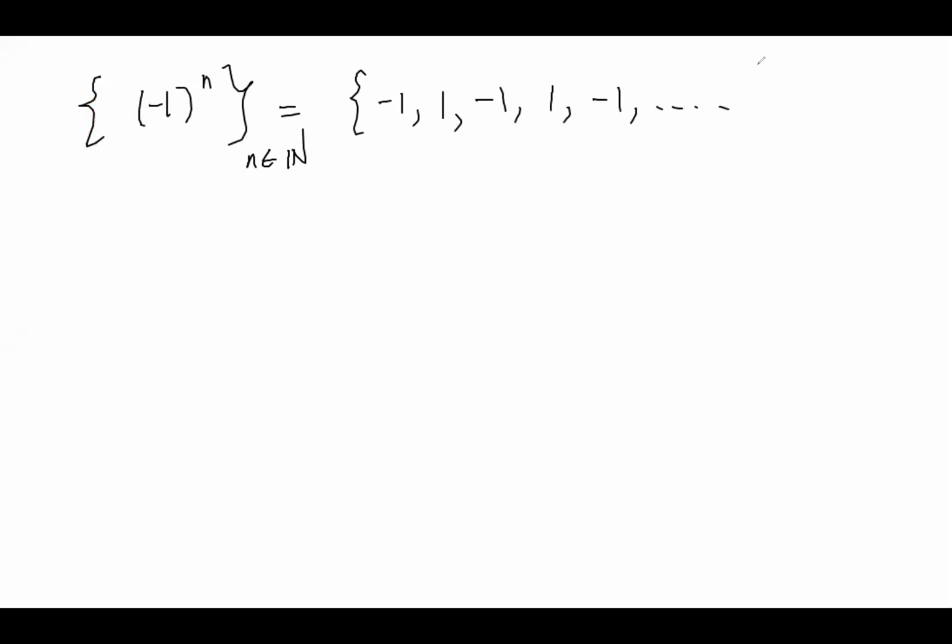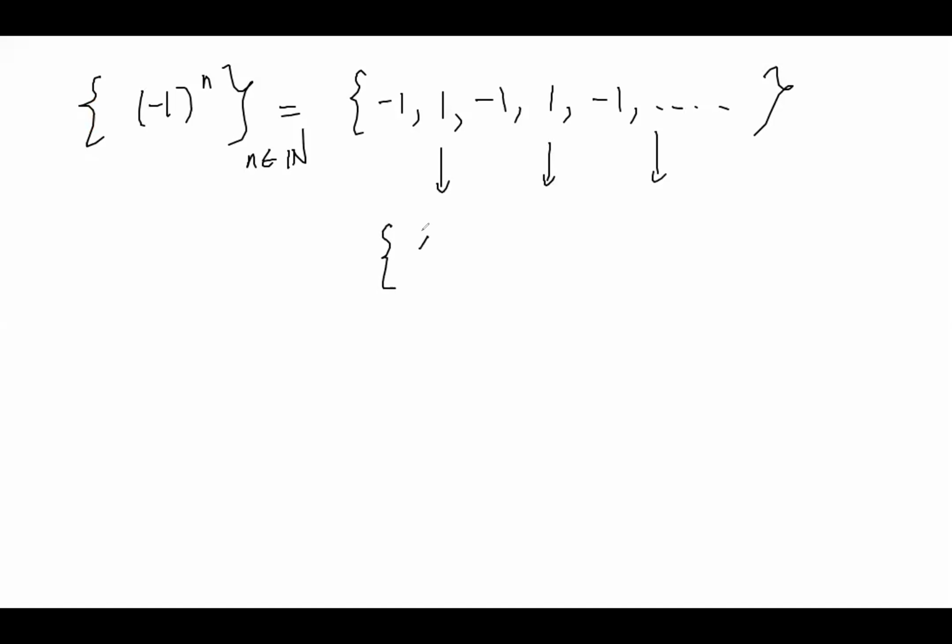So you have this sequence. If you write it down, it's -1, 1, -1, 1, -1. Pick a subsequence of this that converges. An example is you pick all the ones.